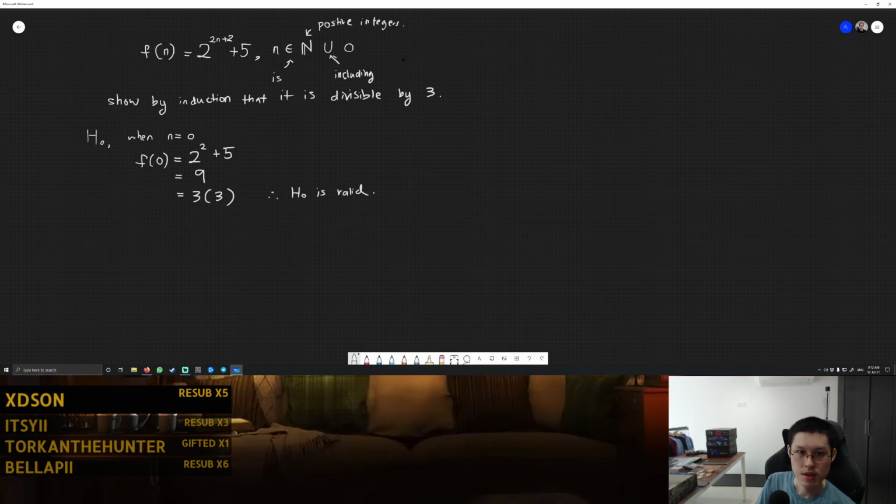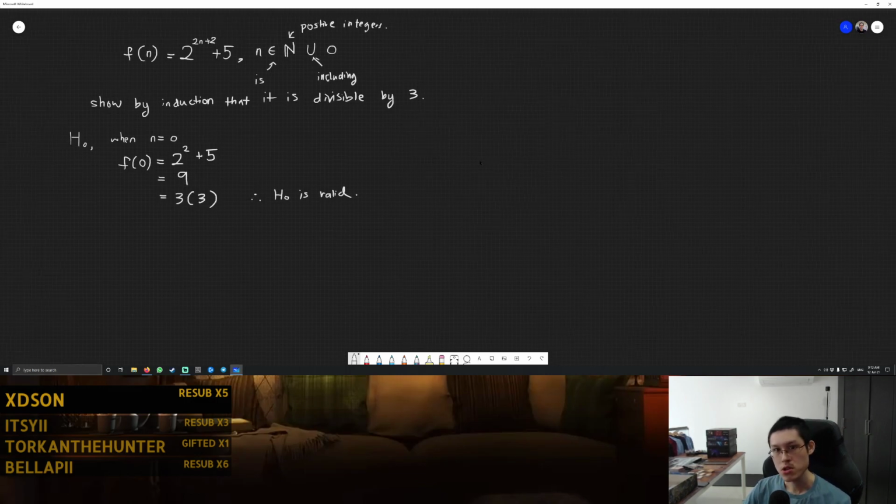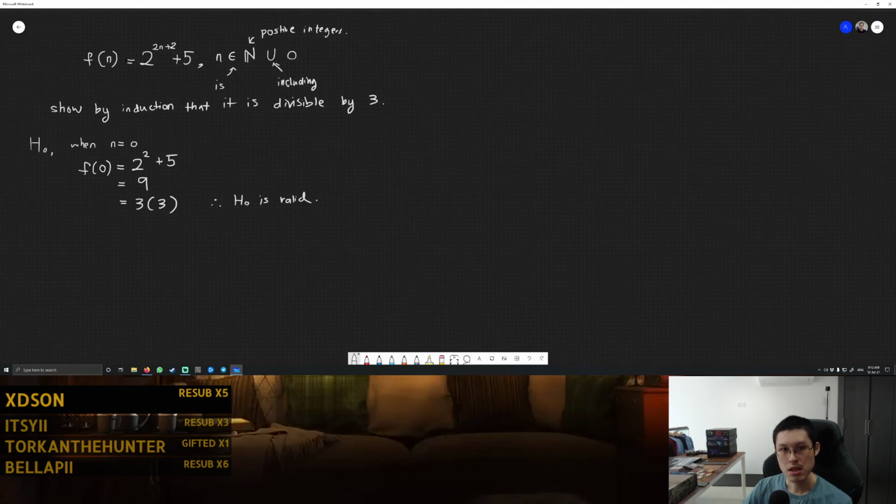The trick when it comes to doing these questions is by showing that the difference f(k+1) minus f(k) is also a multiple of 3. So we need to show something like this. Why do we have to do it like this?